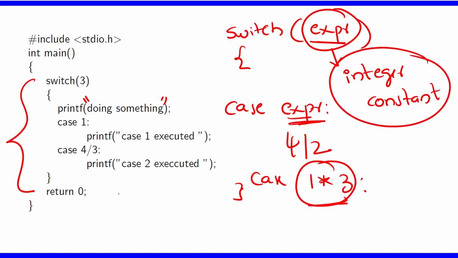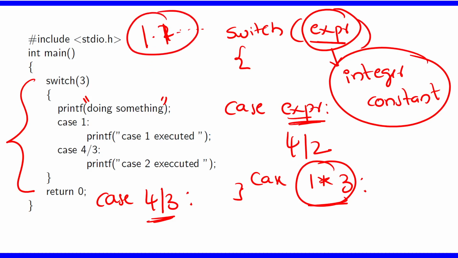However, if somebody writes here case 4 by 3, what is the value of this 4 by 3? It is somewhere around 1.2 something or 1.1 some change, right? So this is a floating point number, not an integer, but the compiler will automatically convert this value to 1. It will round it off to integer.